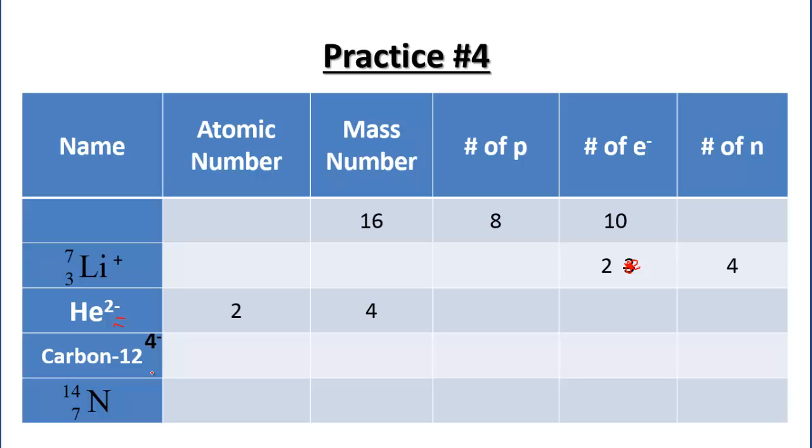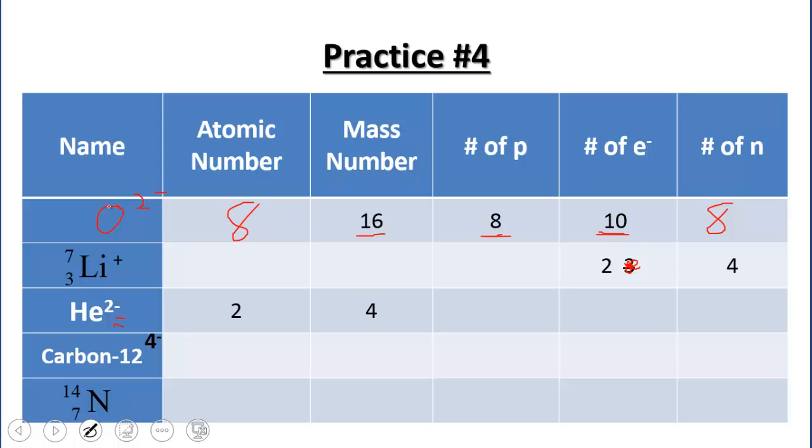So if we look through these problems, if you have 8 protons, you must be oxygen. Atomic number is 8. Mass number 16, number of electrons 10. So if you have 10 electrons, mass number 16, 8, you have 8 neutrons. But if you have 10 electrons, we write O, it's going to have a -2 charge to it.